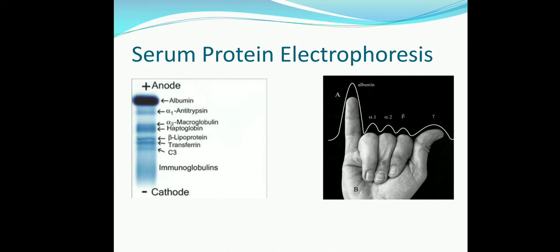From the anode side, we get first albumin, then alpha 1 antitrypsin, alpha 2 macroglobulin, haptoglobin, beta lipoprotein, transferrin, C3, immunoglobulins.